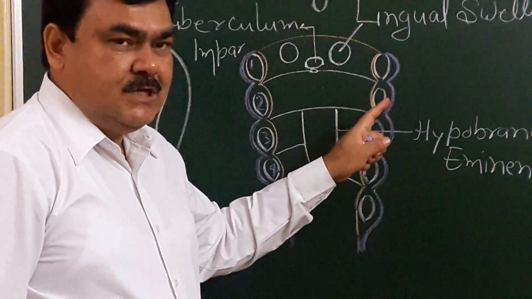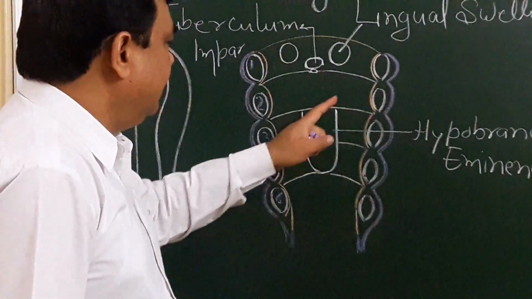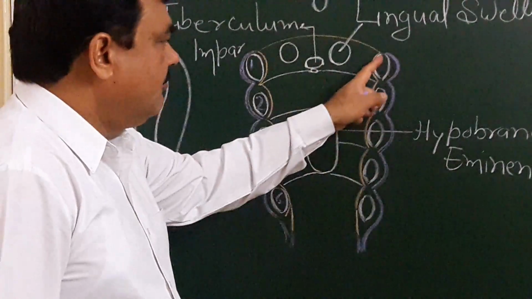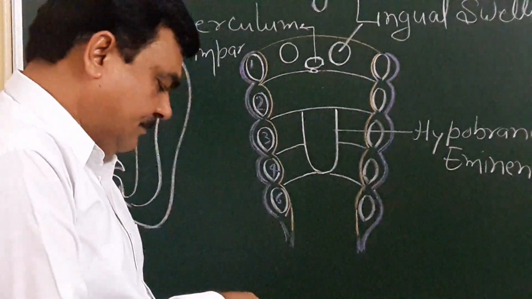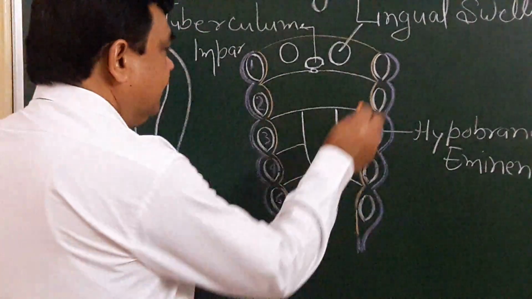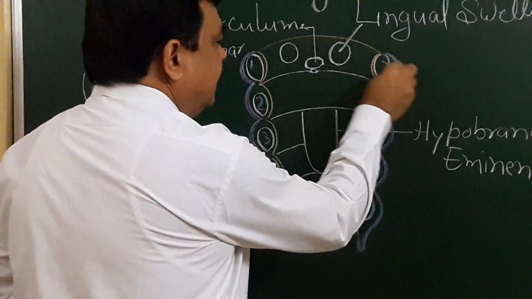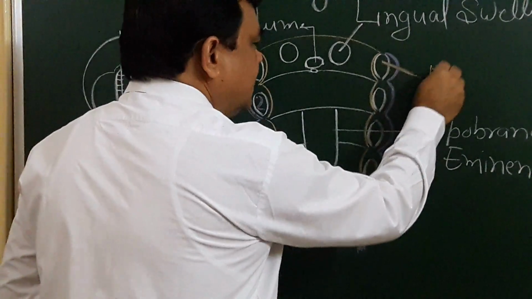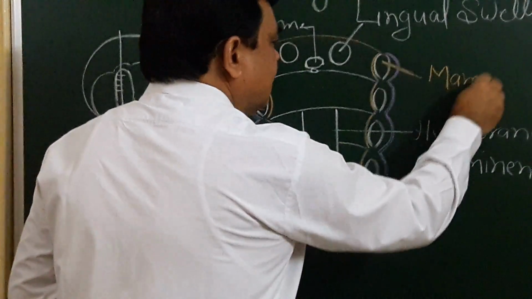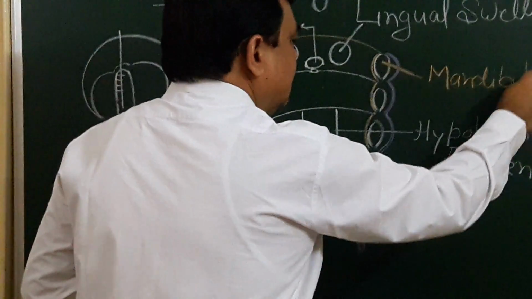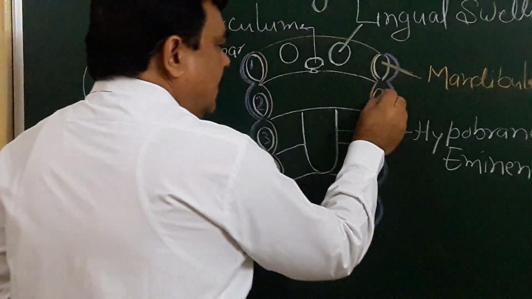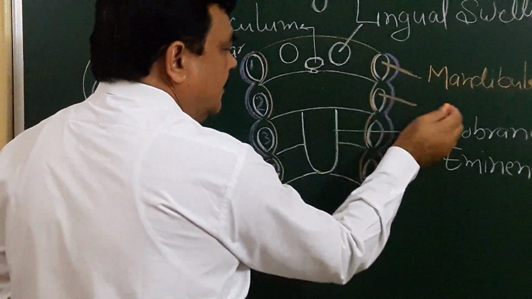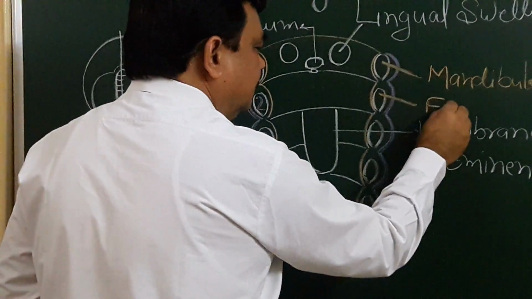Before discussing the tongue formation, we'll discuss the nerve of each pharyngeal arch. The nerve of the first pharyngeal arch is the mandibular nerve. Nerve of the second arch is the facial nerve.